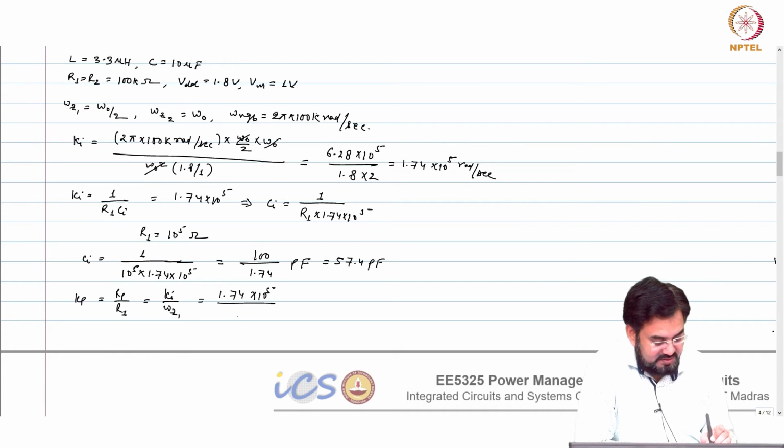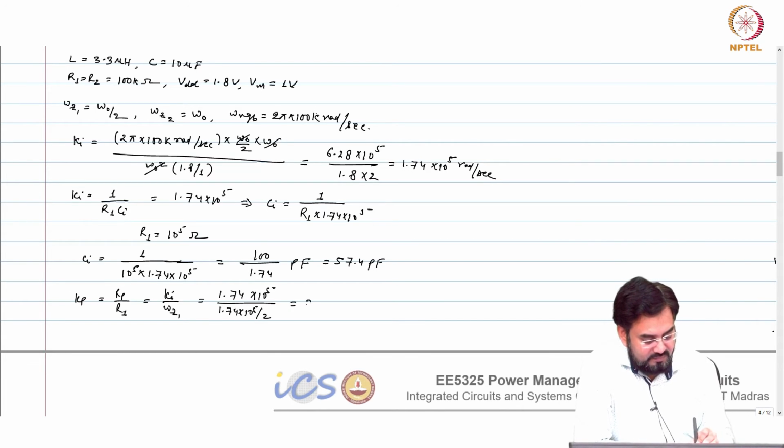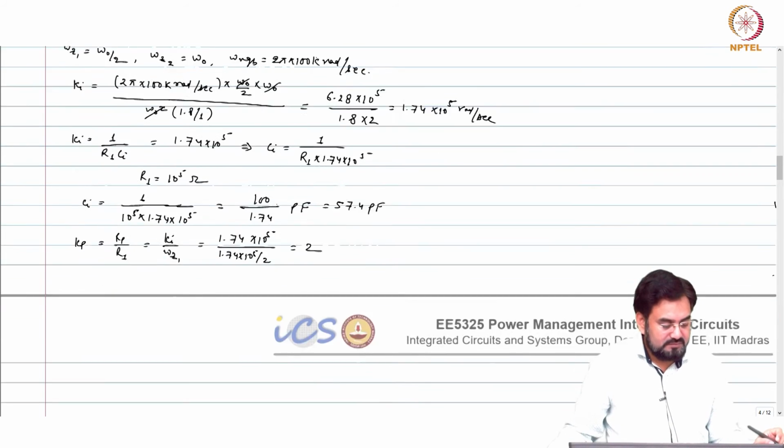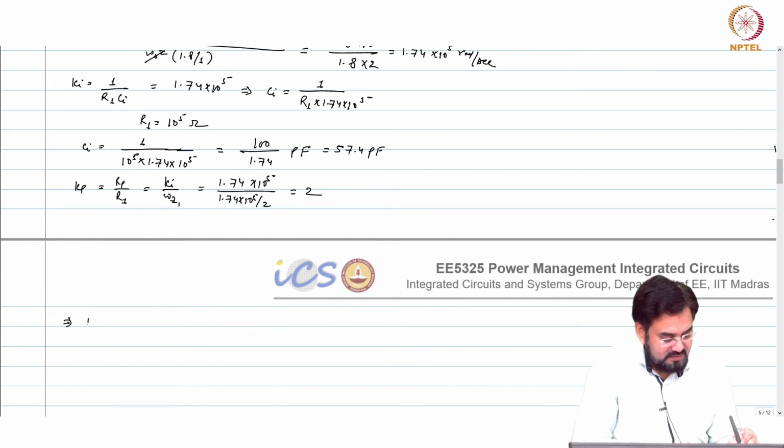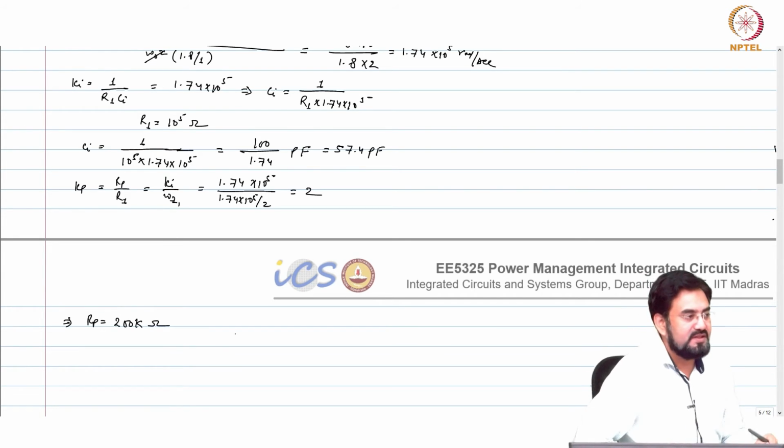Omega naught was how much? Anybody remembers? I think 180 something. Sorry? 174K. Omega naught. Half of this, so it will become half of this. 174K, so it will become 2 actually. This implies Rp equal to 200 kilo ohm.